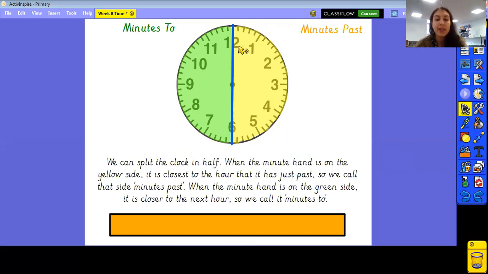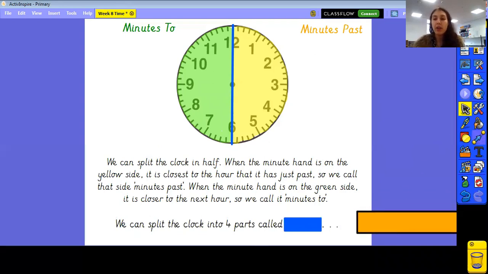So when the hand is closer to the green side, we say that's minutes to, because it's now going to the next hour and it's closer to the next hour. So when the blue hand points to a number on this side, we say minutes past. But when that blue hand goes past this 6 and it now starts to go onto that green side, we say minutes to the next hour, because it's now getting closer to the next o'clock.